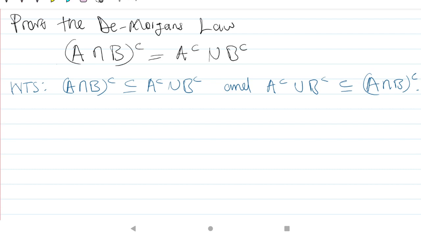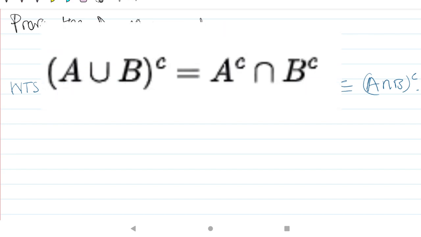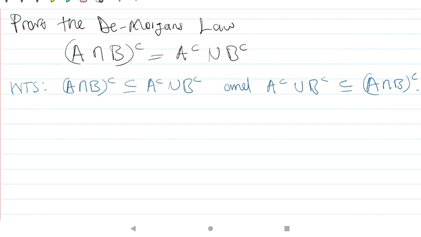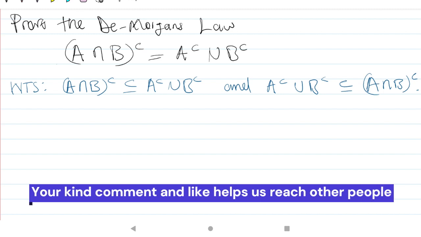De Morgan's law, the first one, states that the complement of intersection is just the same as the union of complements, or you can say the complement of union is the intersection of complements.